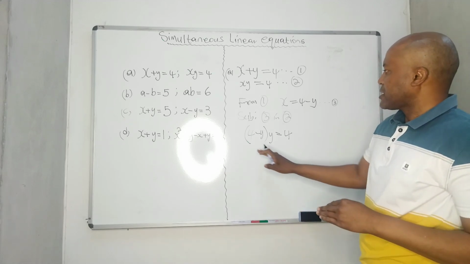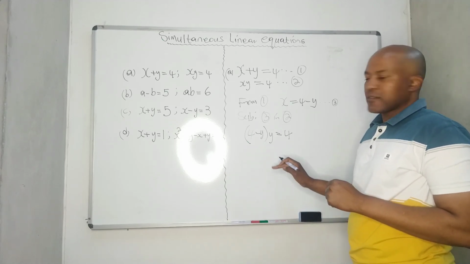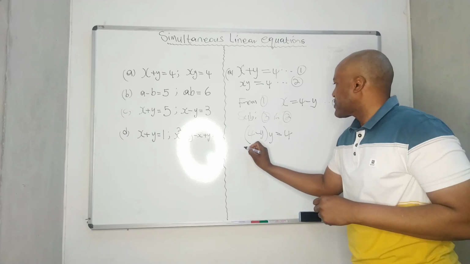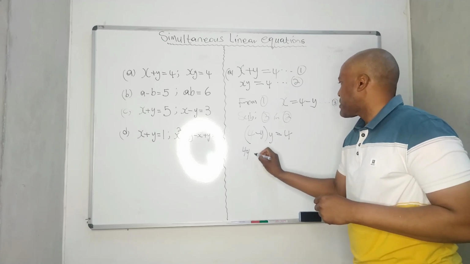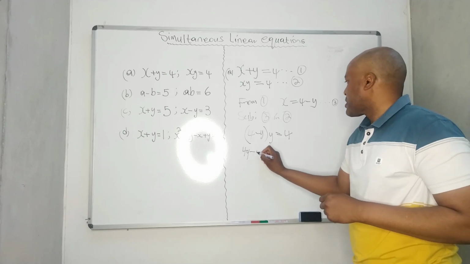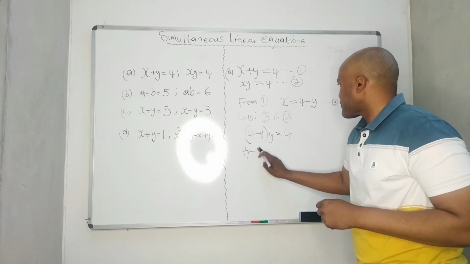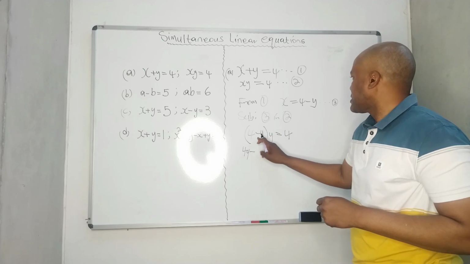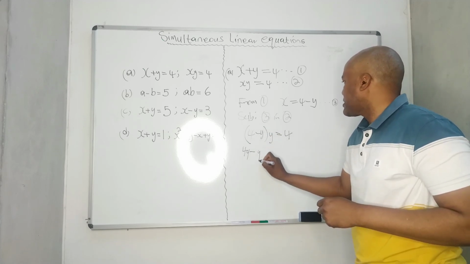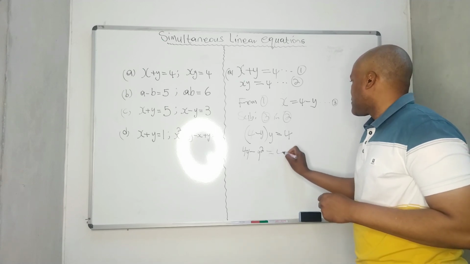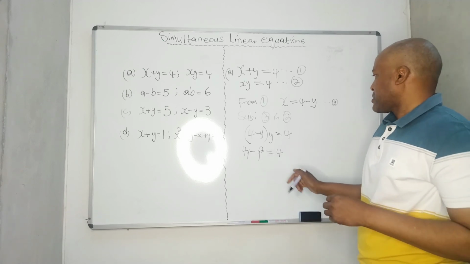So, in other words, here we are solving the value of y. Then you multiply in here. For y times 4, you get 4y minus y times negative y, you get negative y squared is equals to 4. Okay?